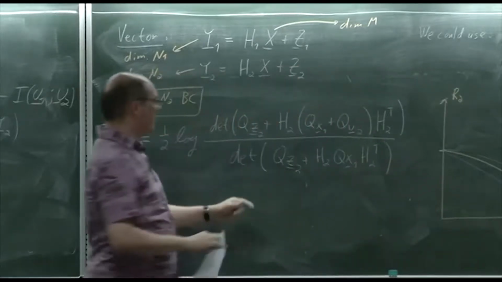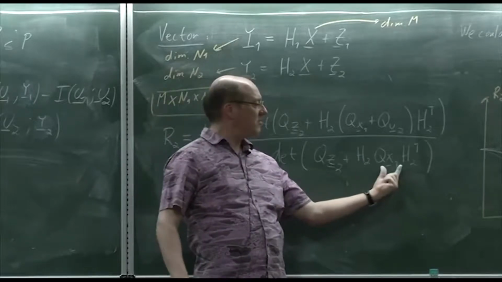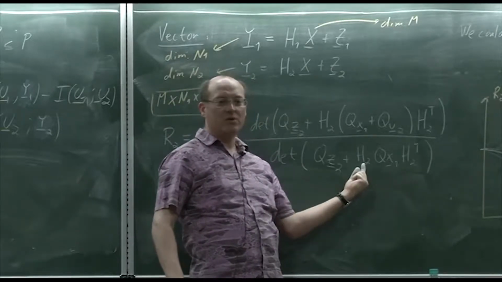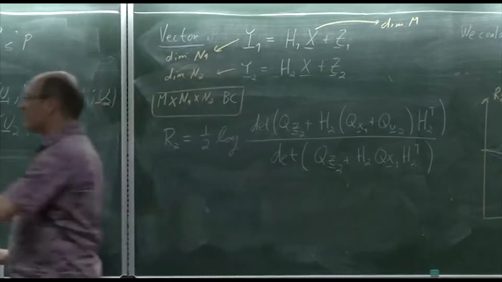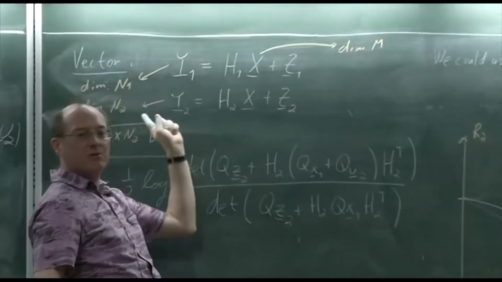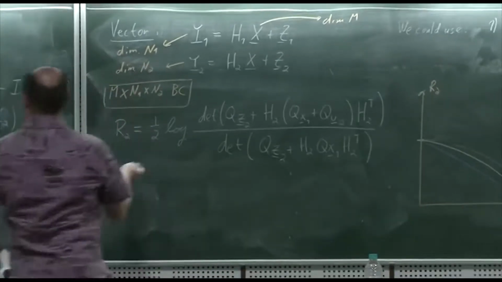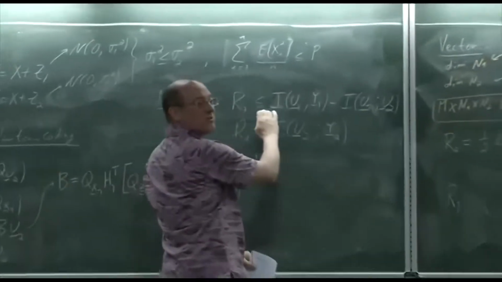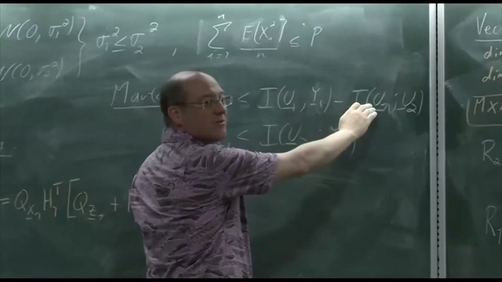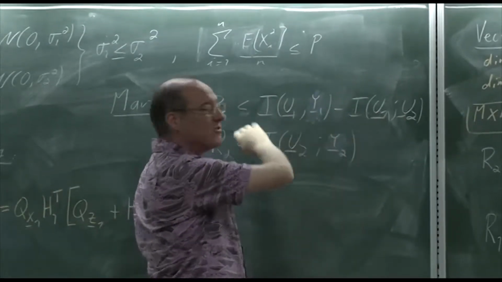So if we look at that just quickly, notice this is the noise and this is the interference. Why is this interference? It's the x1 going through h2, right? Because x1 is something internal here that is carrying the information for user 1, but it's also going through h2, so it interferes, right? And then r1 turns out to be much simpler. This expression will just be the interference-free rate, right? We know that this will just become a half of log of just the capacity of the other channel.